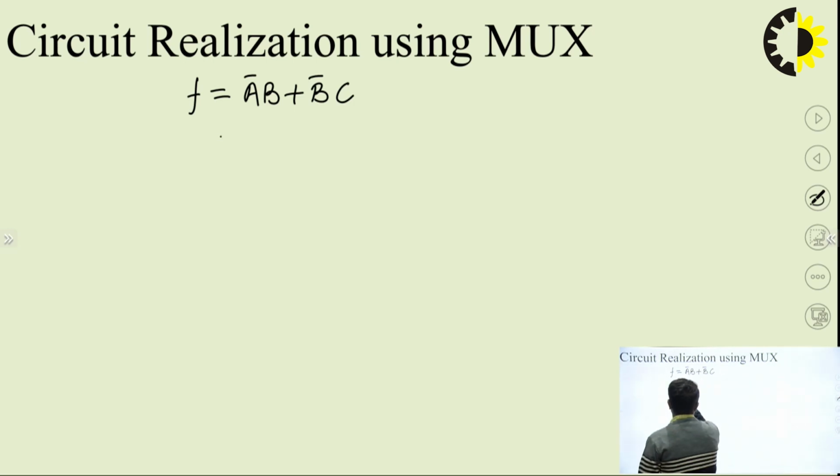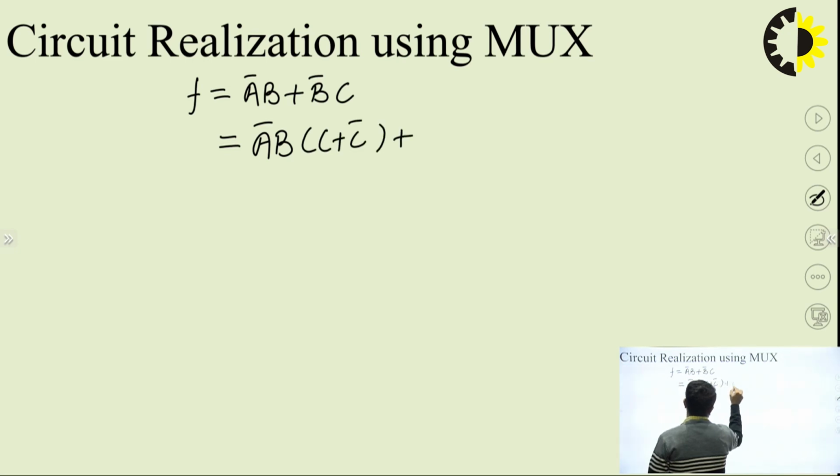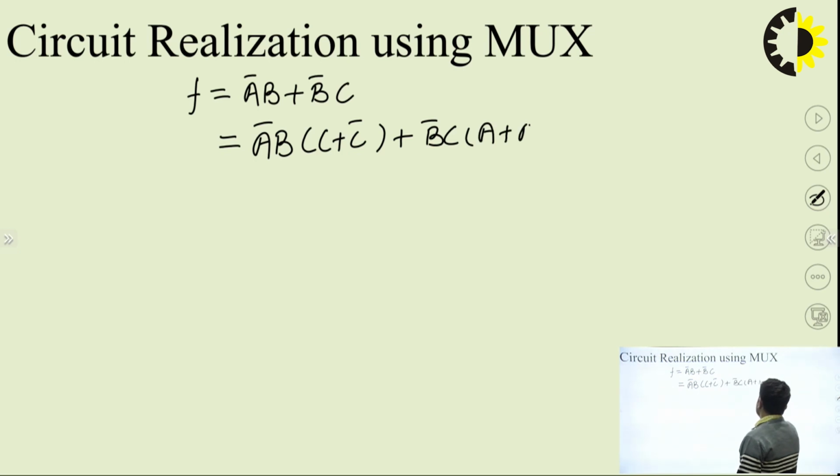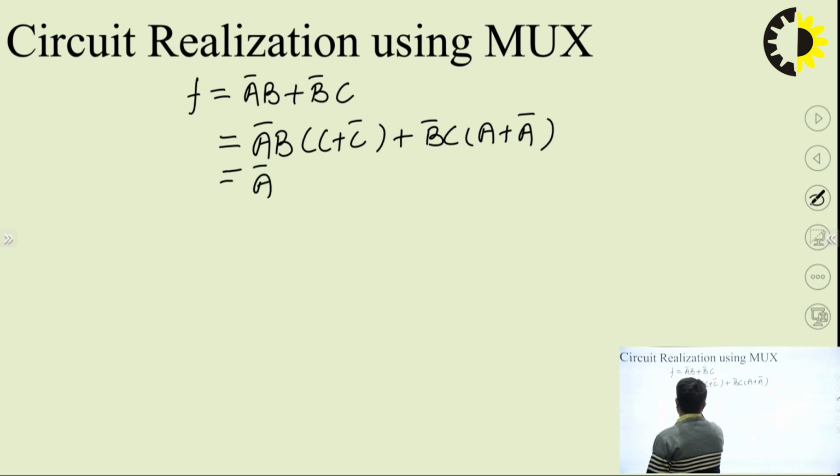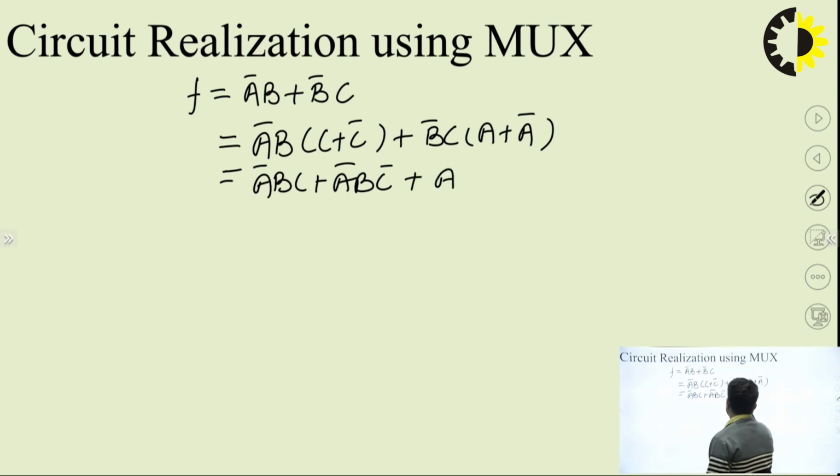So A bar B, first of all you have to convert this into canonical form, then it will be this. Okay. Then it has to be A bar B C plus A bar B C bar. Here it will be A B bar C plus A bar B bar C. Okay.